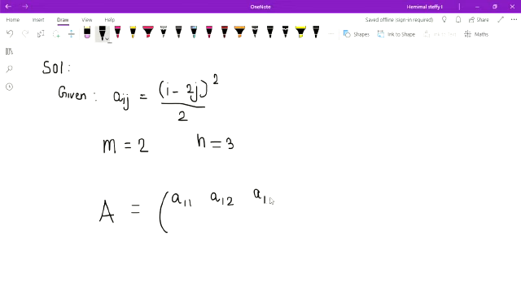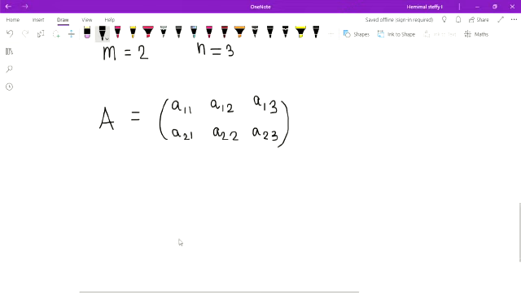Then we know there are 2 rows and 3 columns, so A21, A22, and A23. Okay, is it clear? So I formed a matrix A with 2 rows and 3 columns.